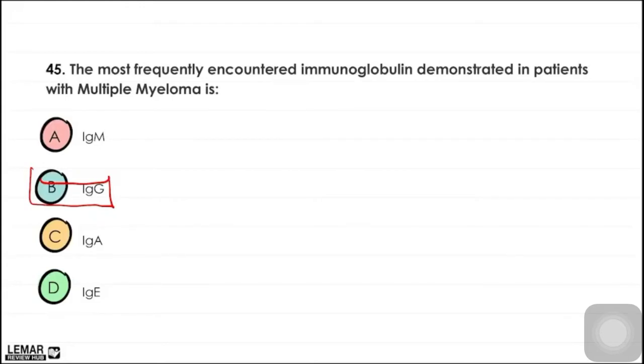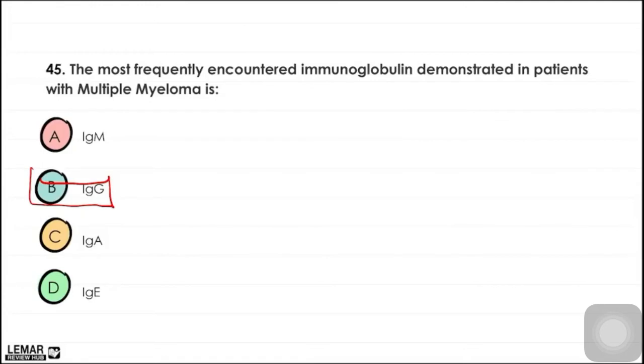Although pwede din naman po ma-detect yung ibang immunoglobulins, immunoglobulin G significantly shows predominance or increase in production. Pwede rin pong IgM, but only 12% of patients with multiple myeloma.